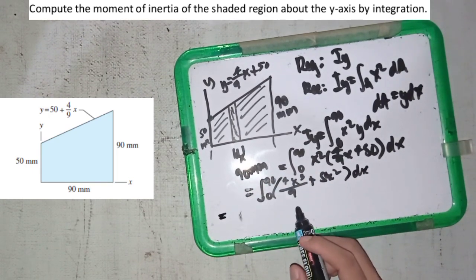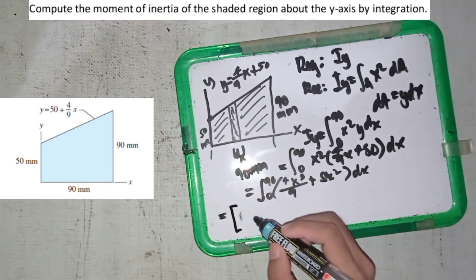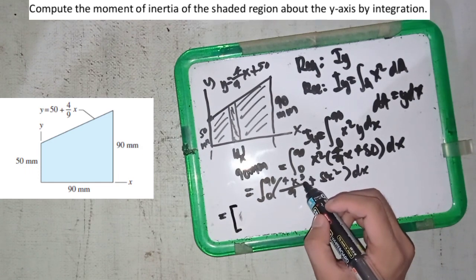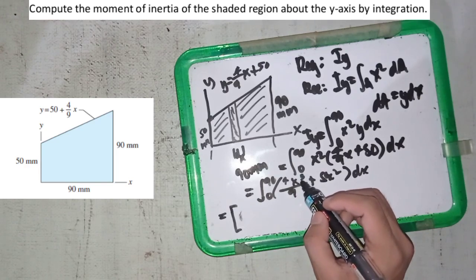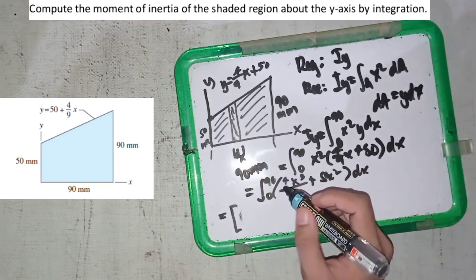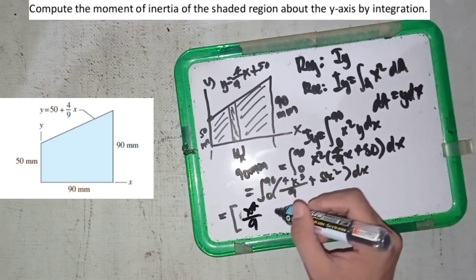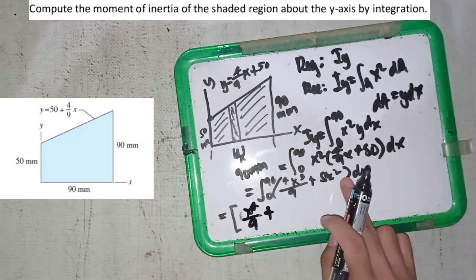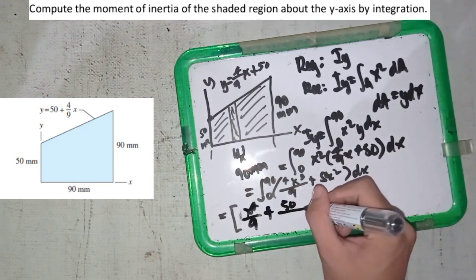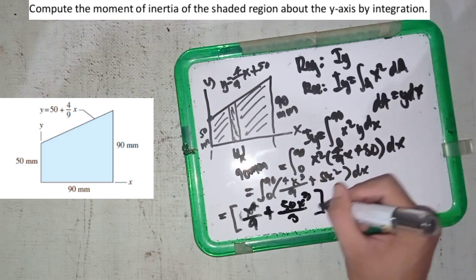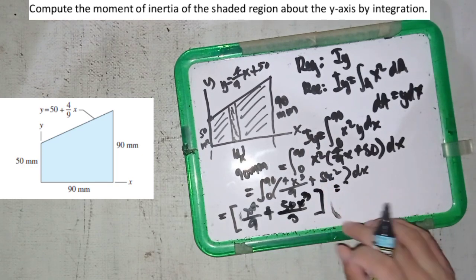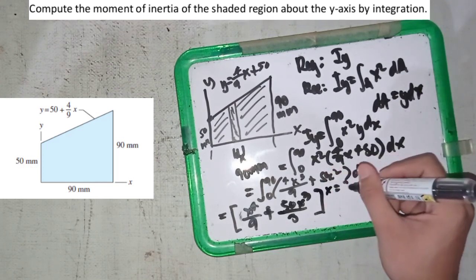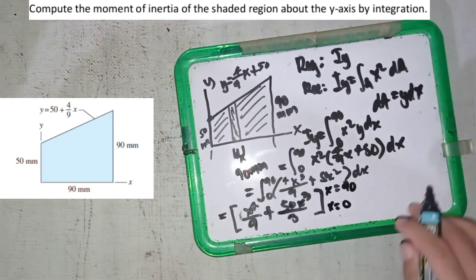Now we can integrate this. The 4 will cancel, so this will be x raised to 4 over 9, plus 50 over 3 x cubed, evaluated at x equal to 90 and x equal to 0.